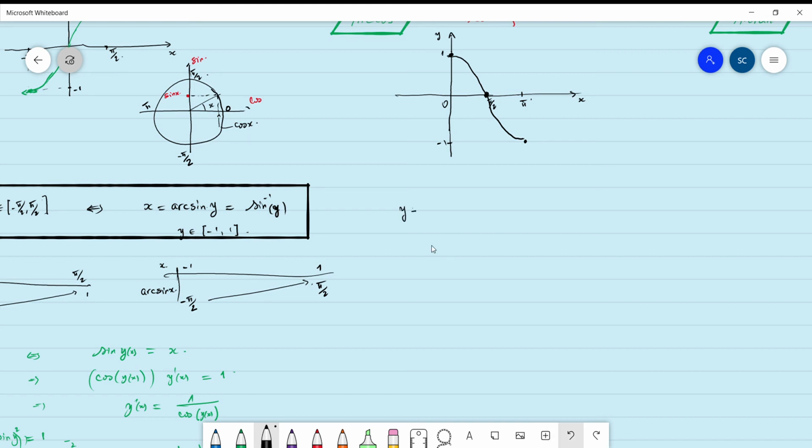Let's use another color, the blue one. y equals arc cosine of x, with y between 0 and pi, if and only if x is the cosine of y, with x between minus 1 and 1. So this is the characterization of our new function.